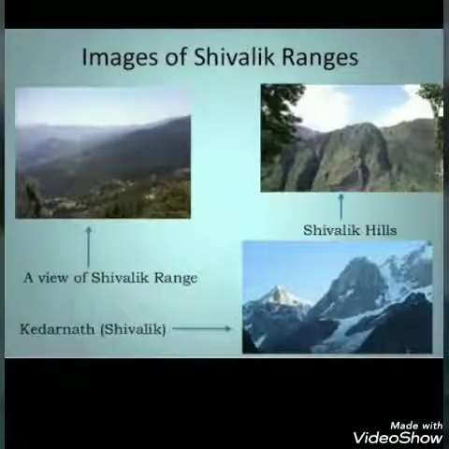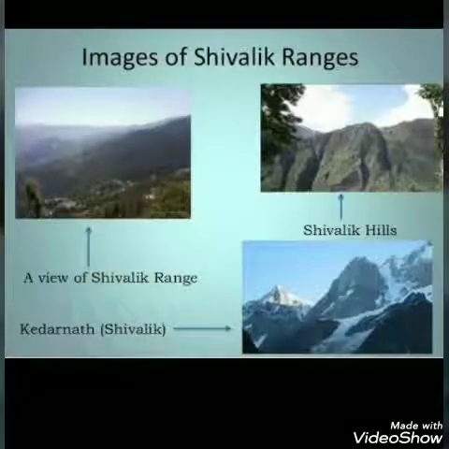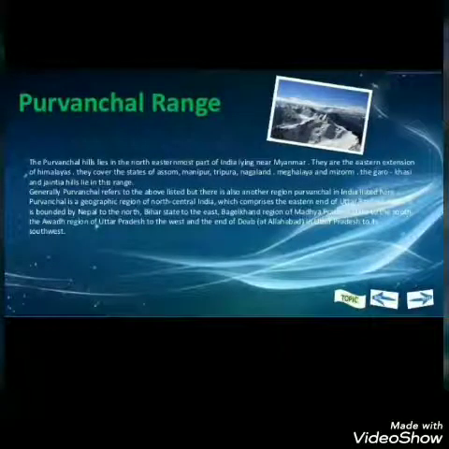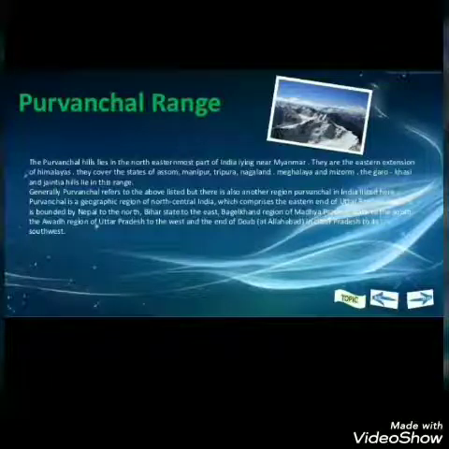The Brahmaputra marks the easternmost boundary of the Himalaya. Beyond the Dihang Gorge, the Himalayas bend sharply to the south and spread along the eastern boundaries of India. This region is known as the Purvanchal.